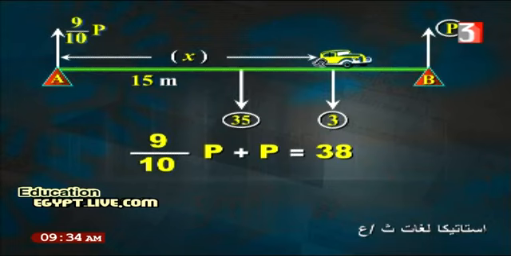Find the distance X of the car from A if the pressure, or reaction of support at A, equals 9/10 of the support at B. We know that the two forces up equal the two forces down. 9/10 B plus B equals 38.